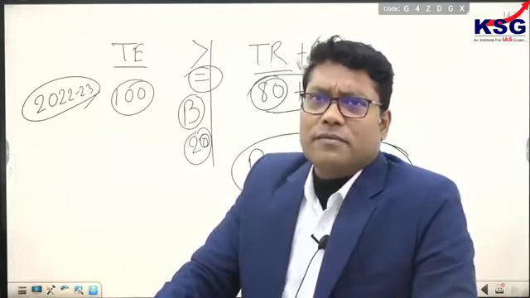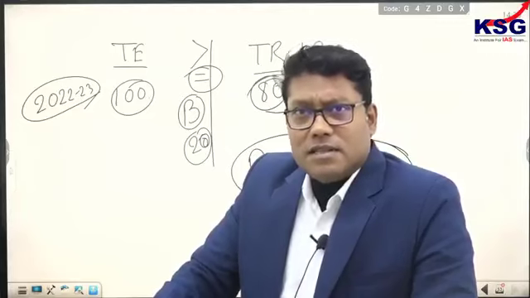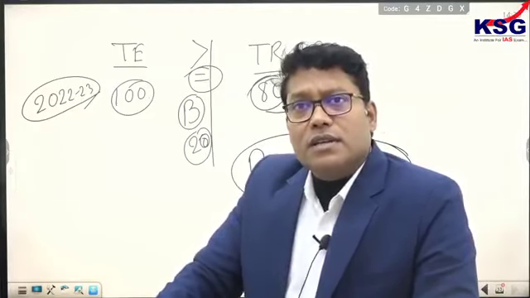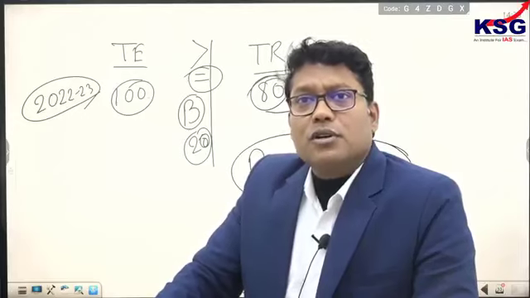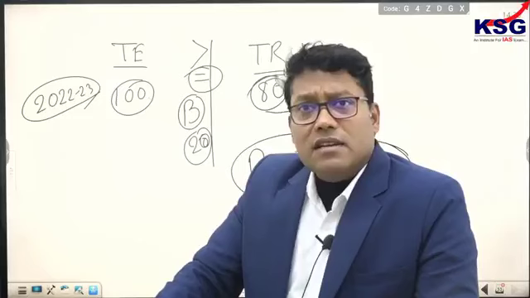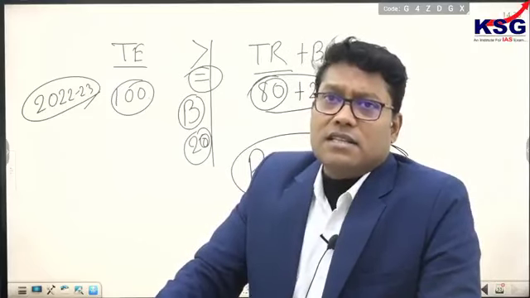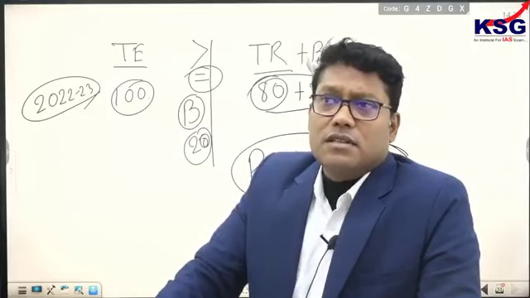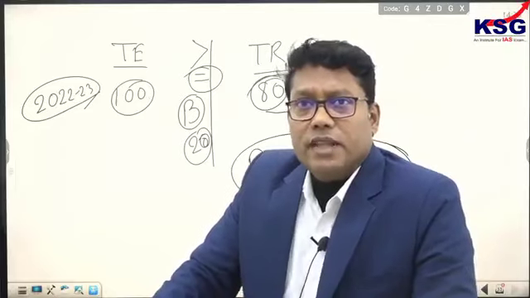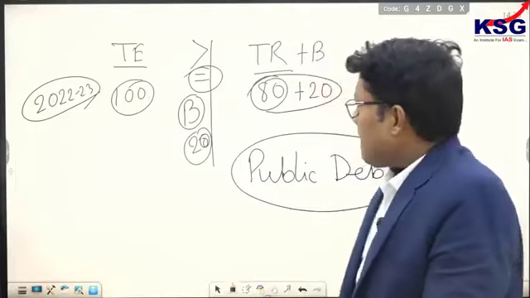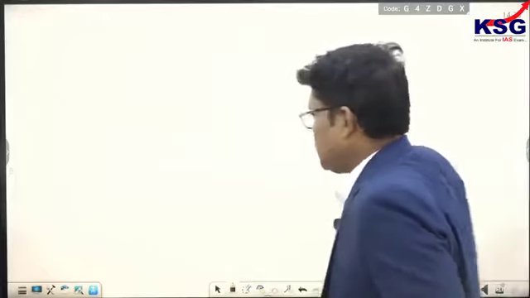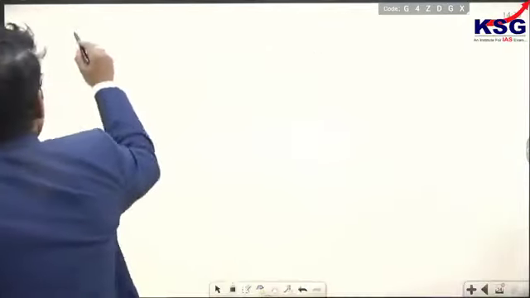Ask yourself, India is receiving remittances, but where is it going? It is going to the normal public. Your family, our family, they are earning and sending remittances to us. It is not part of the government receipt. So why are you relating this? Clear? Public debt.